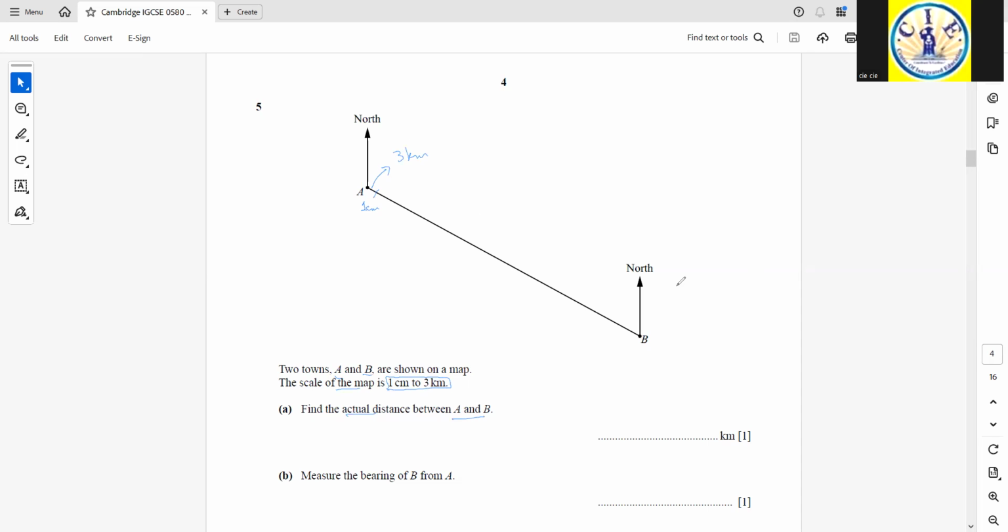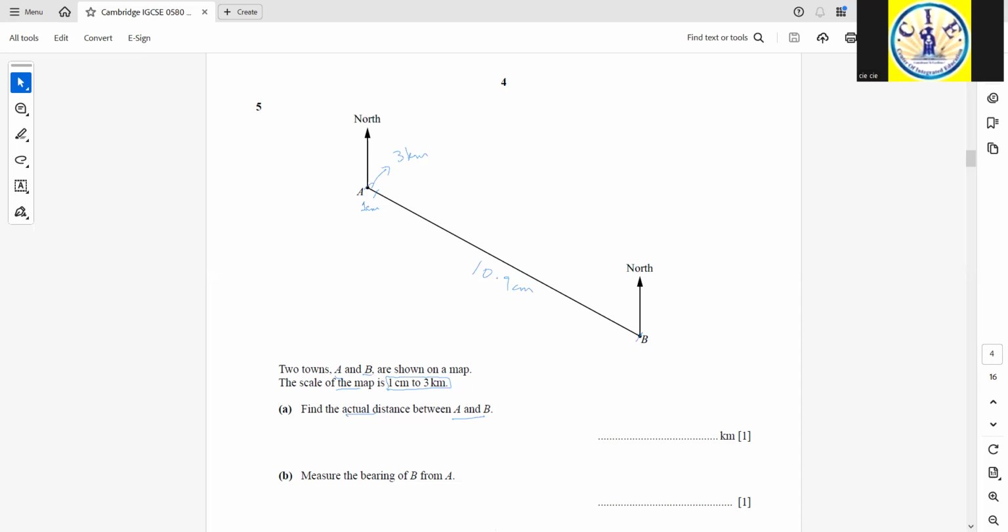Okay, what we need to do, we need to measure the line from A to B using a ruler. So this distance becomes, let me measure it, around 10.9 centimeters.